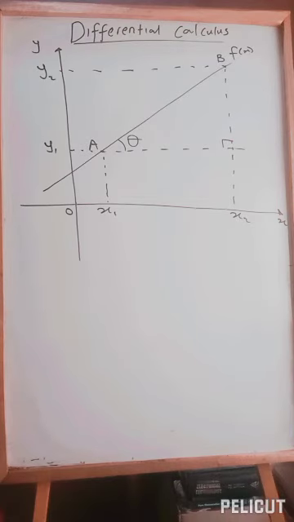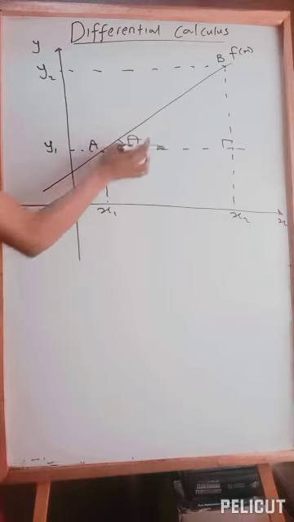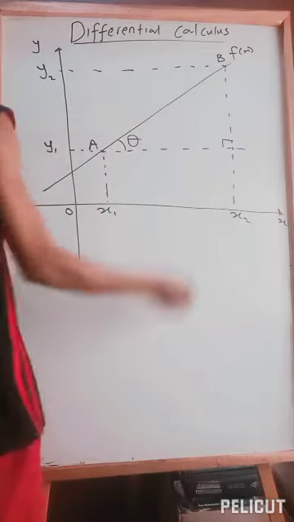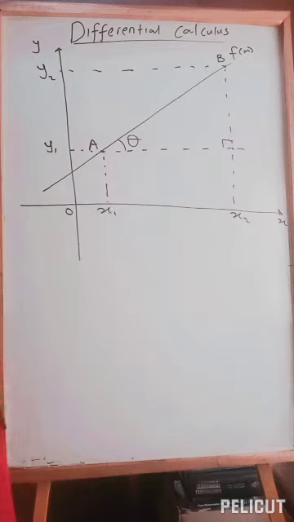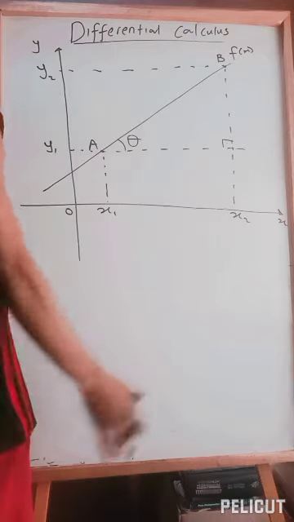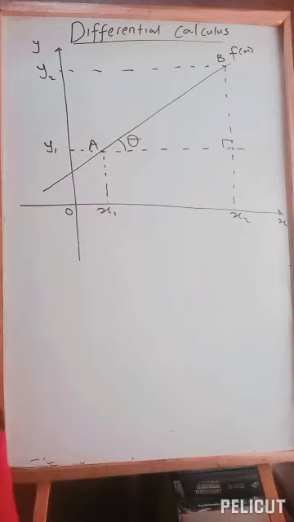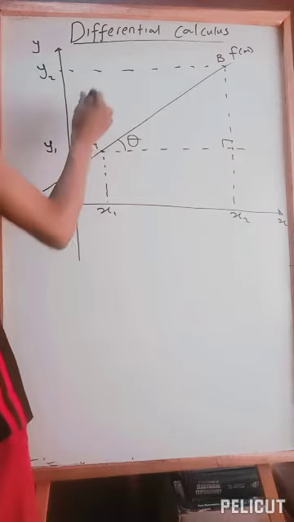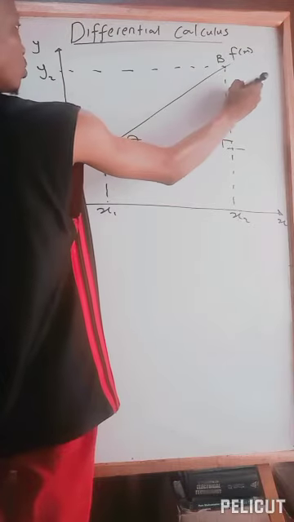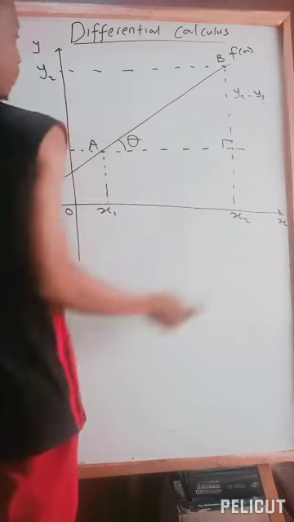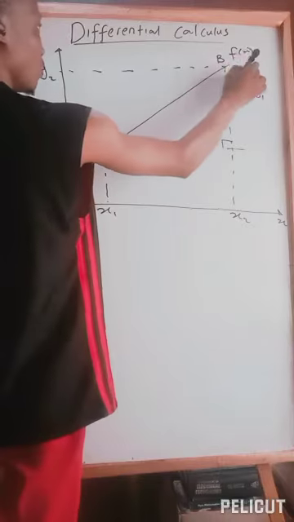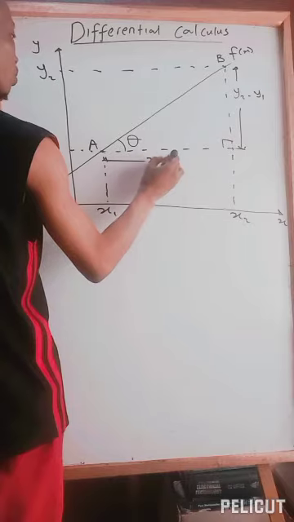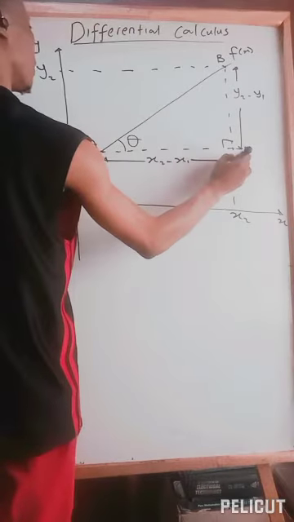If we are to find the tangent of this angle, then we need the opposite side, and we need the adjacent side, because this is a right angle triangle. The opposite side here is y2 minus y1, and the distance from here to here is x2 minus x1.